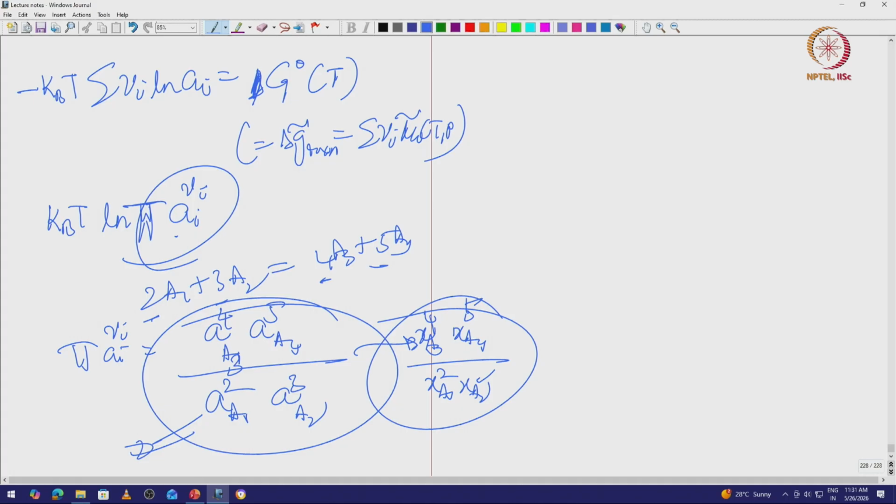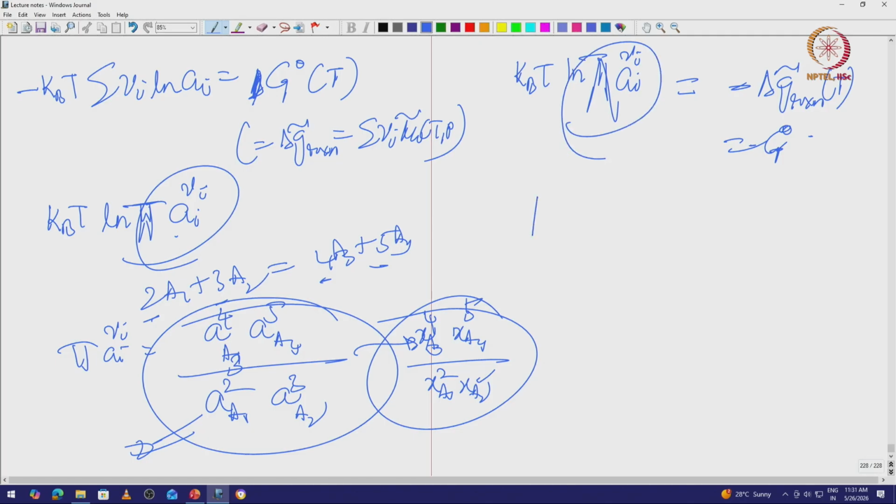And we are saying this number kBT ln pi AI power nu I is equal to minus delta G of the reaction at temperature T, or that is equal to minus G naught. Okay. All right.